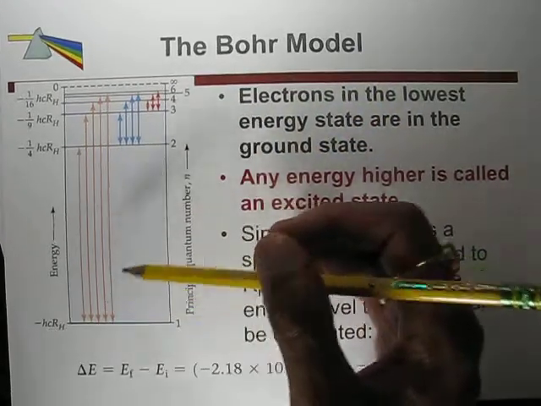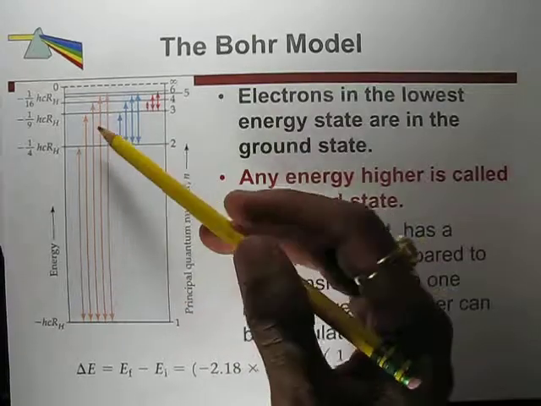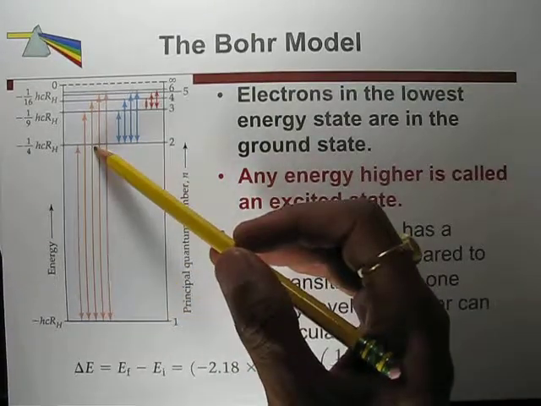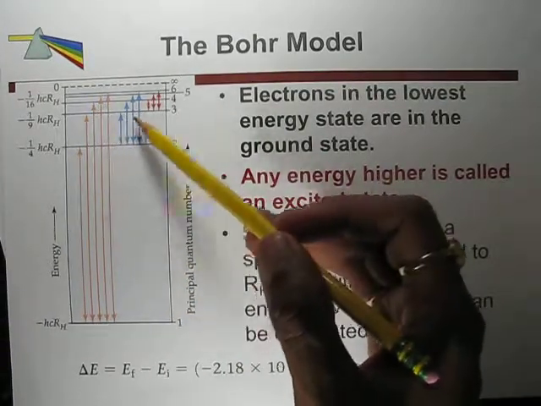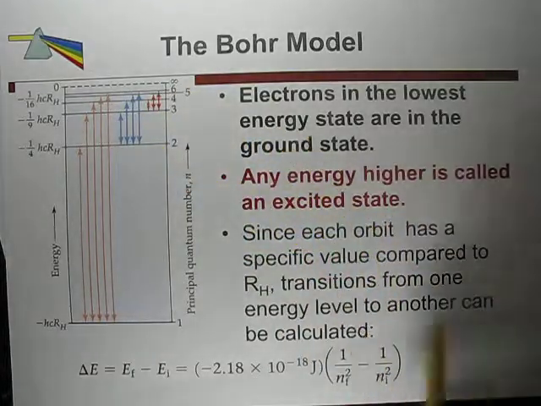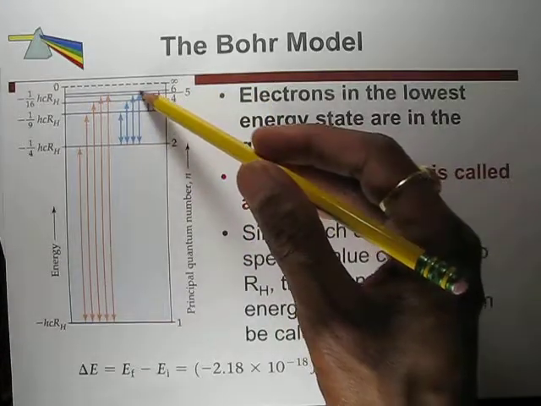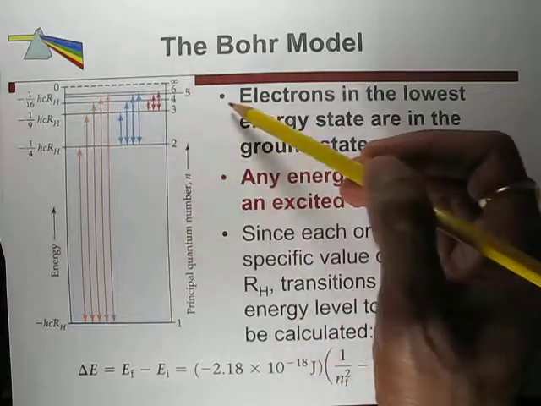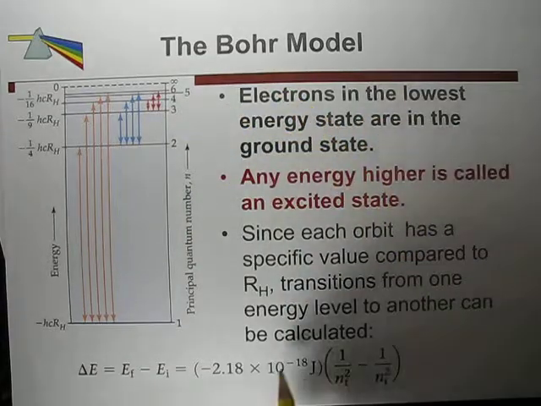This picture shows the electron moving from one energy level to another, how much energy is required, or when it comes back from higher energy to lower, how much energy will be released.